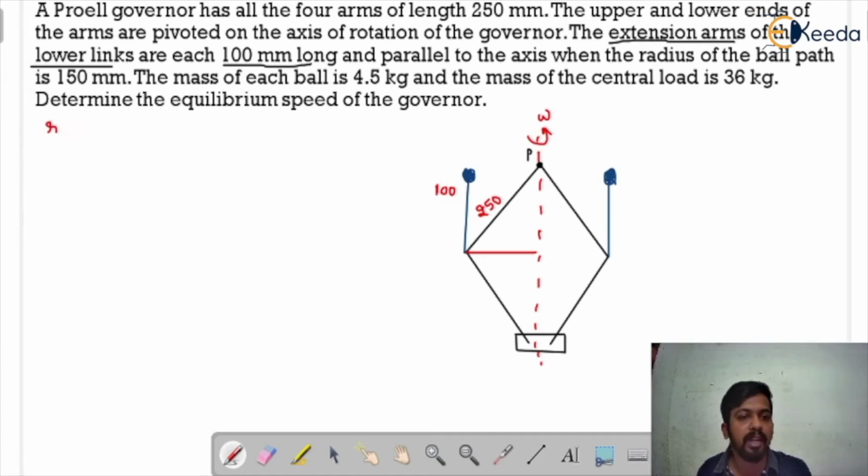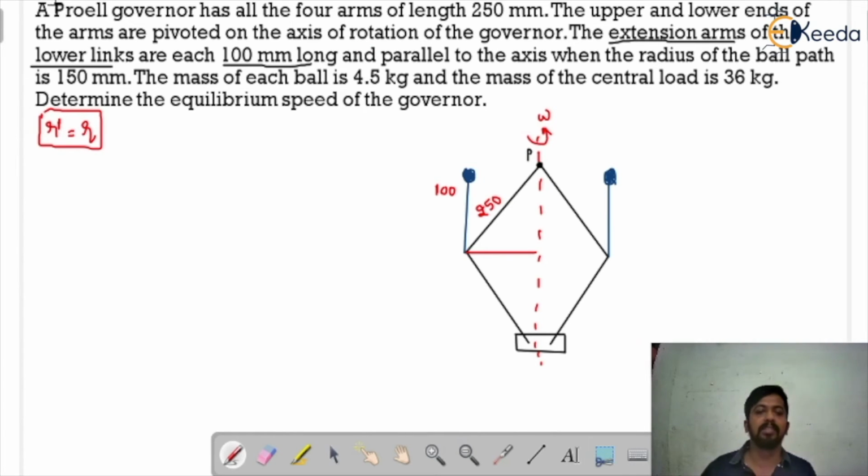So this is the case when r dash is equal to r. We have seen in the derivation of the Proell Governor that r dash is always greater than or equal to the radius of the governor, but here we can say this is the special case when r dash is equal to r.